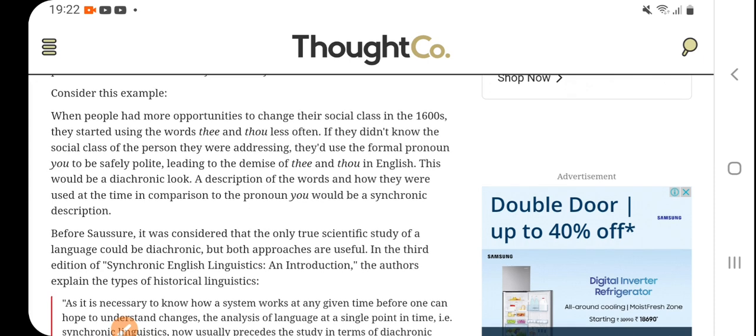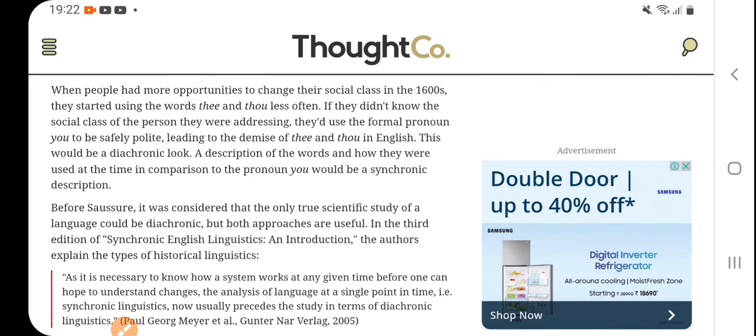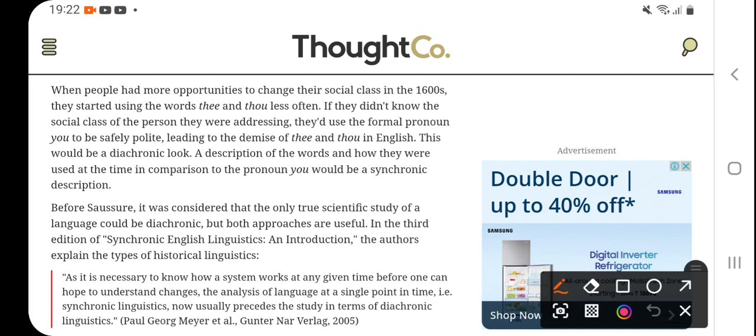Now, an example is when people had more opportunities to change their social class in 1600, they started using the words thee and thou. That's a very good example.